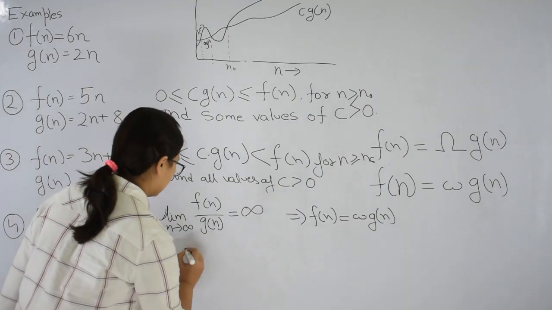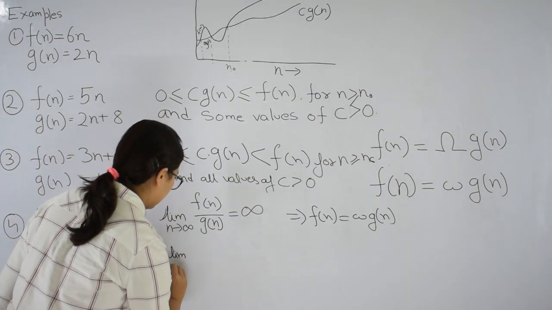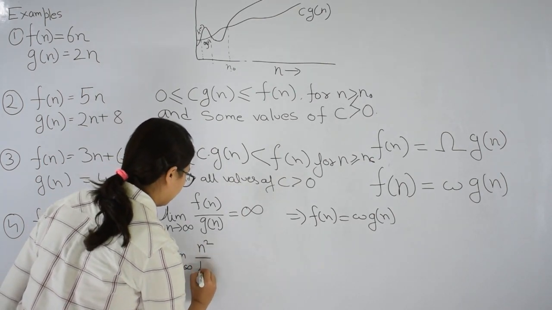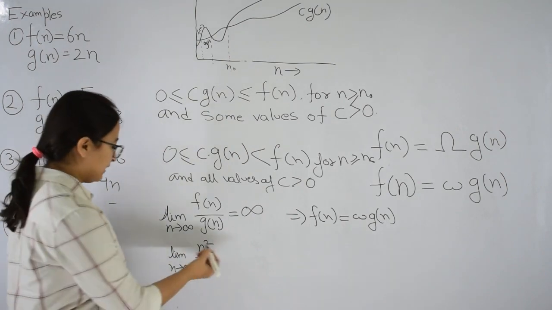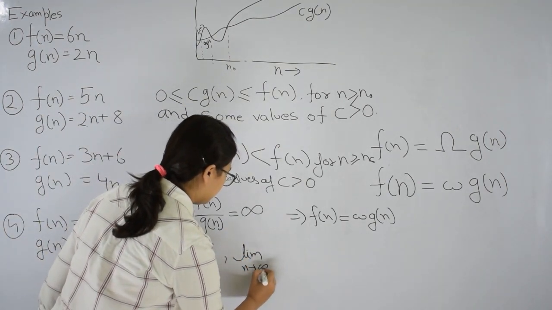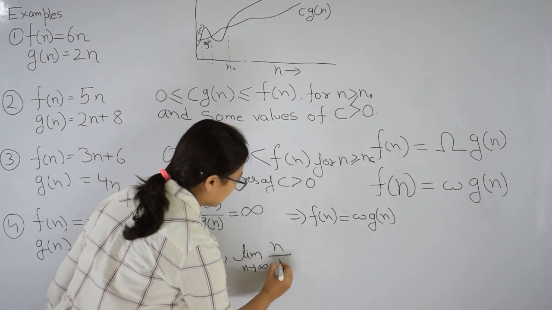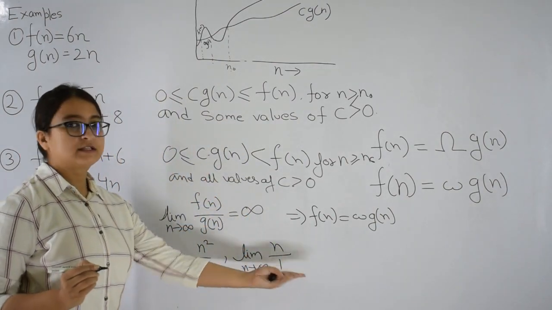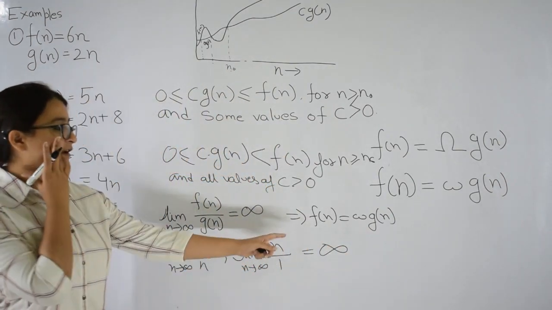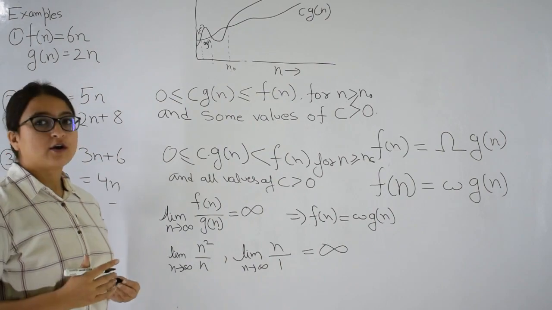Suppose limit n tends to infinity, we have n square by n. This is n by 1. This obviously is equal to infinity. So in such cases, you may say that f of n is small omega of g of n.